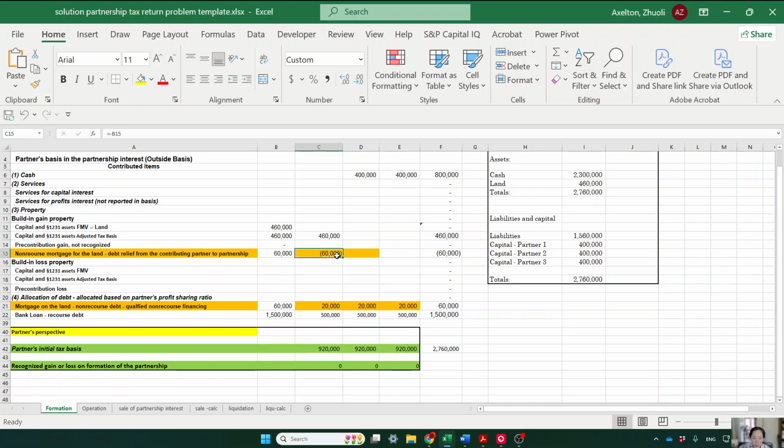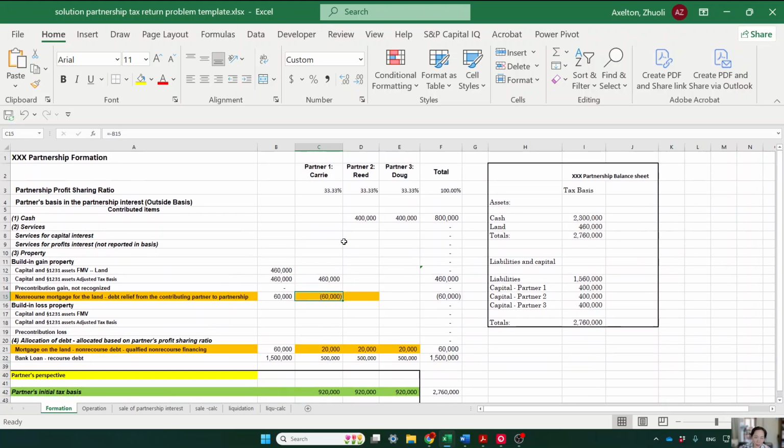The mortgage attached to the land is something that's a little bit unique. In this case, the reason being is because the 60,000 mortgage attached to the land, on one hand, will reduce the Carrie's outside basis due to the debt relief, because through the contribution of the land, the mortgage attached to the land is essentially taken on by the partnership.